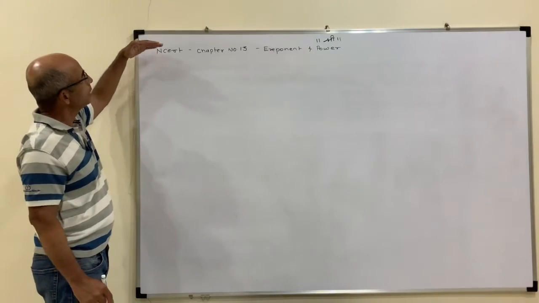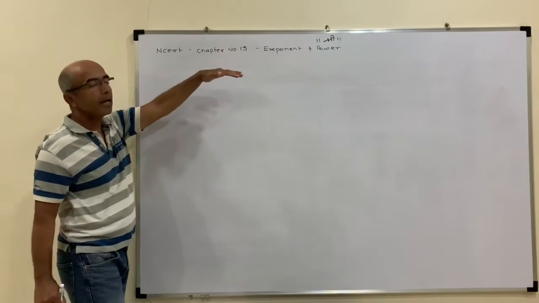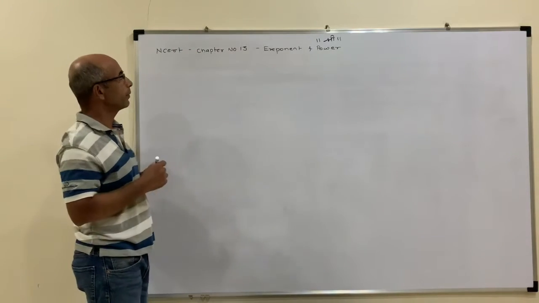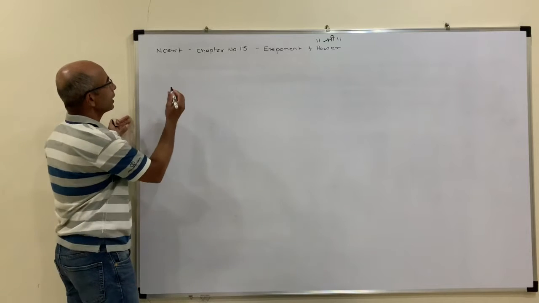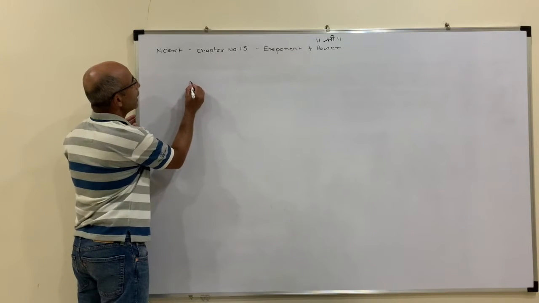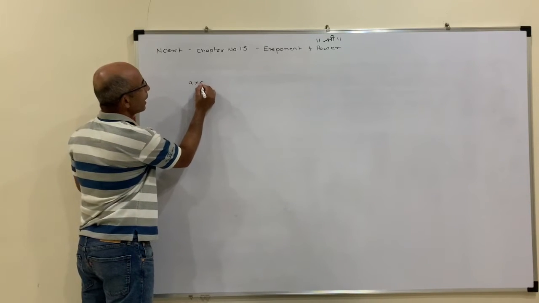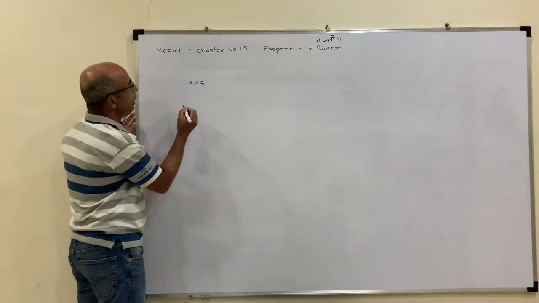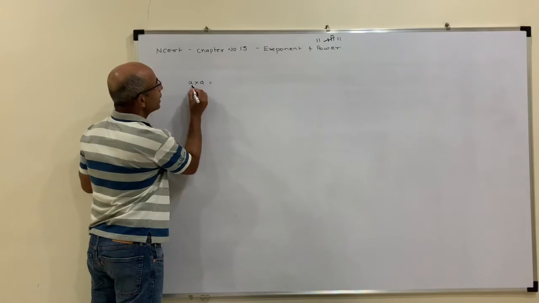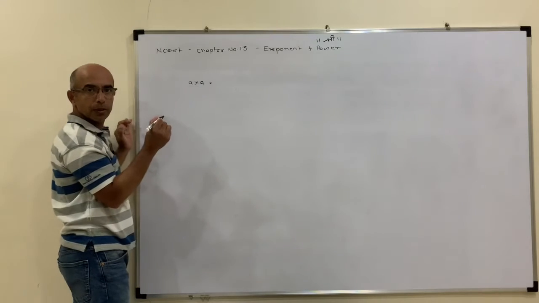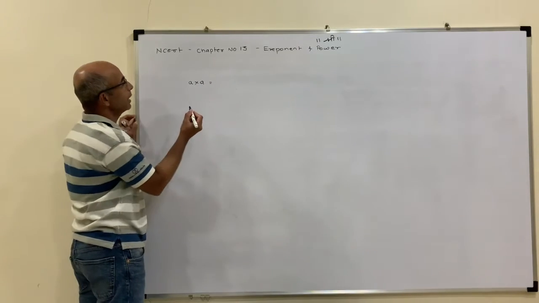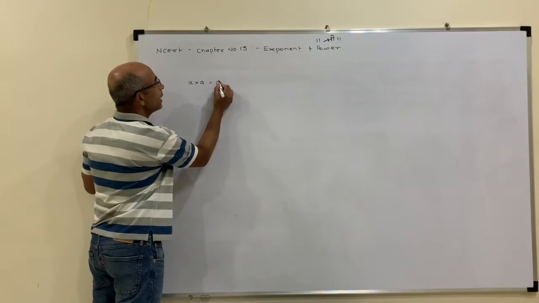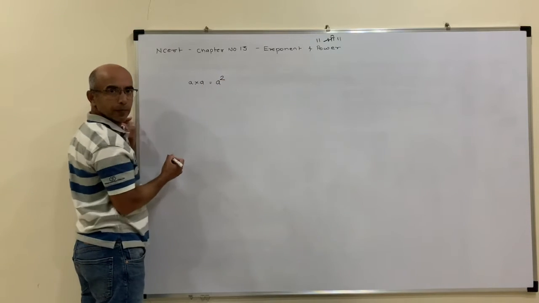Insert chapter number 13, exponent in power. Now let's try to understand when we say a multiplied by a equals to... When any number is multiplied by itself, it becomes a square.